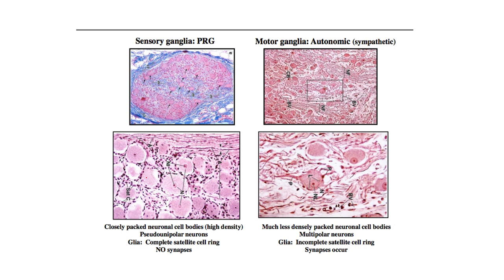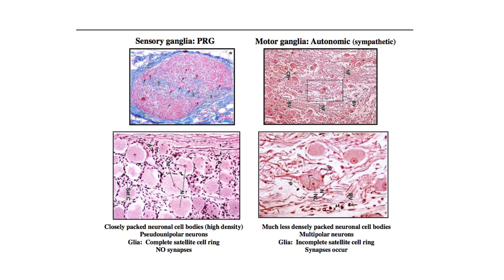The bodies are closely opposed, there are few gaps in between. The nucleus is central. Here also, here also, you can see the nucleus is central, plus it is a pseudo-unipolar neuron, then a complete ring of the satellite cells, plus there are no synapses.